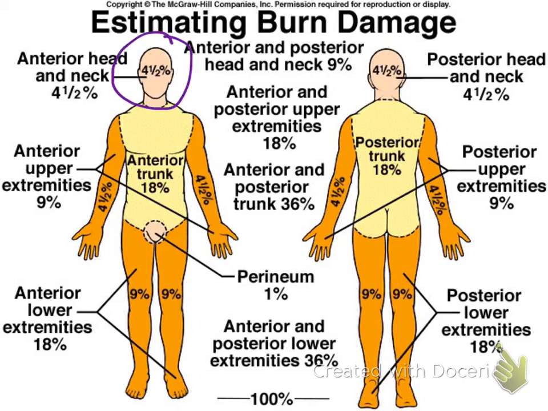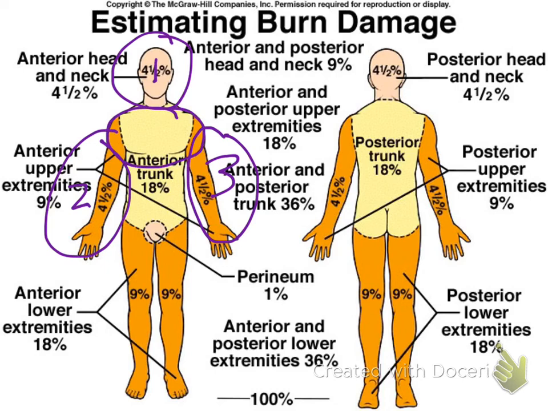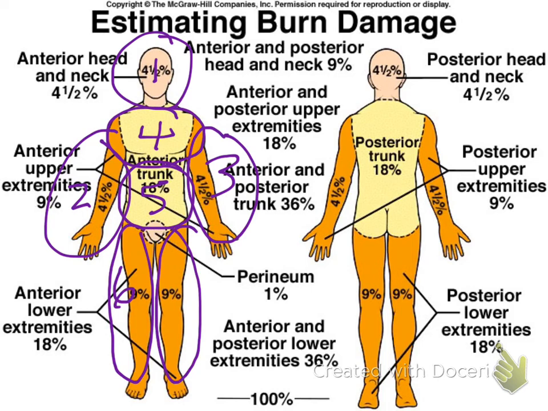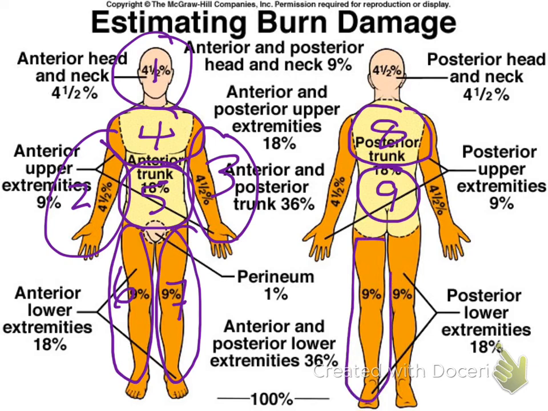So the head is one area, one arm is another area, the second arm is another area, the upper chest is another area, the lower chest is another area, the front of one leg is another area, the front of the other leg is another area, then the back is another area, the lower back is another area, the back of one leg is another area, and the back of the other leg is another area.